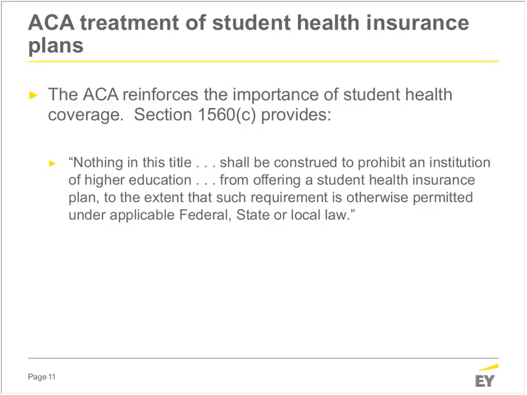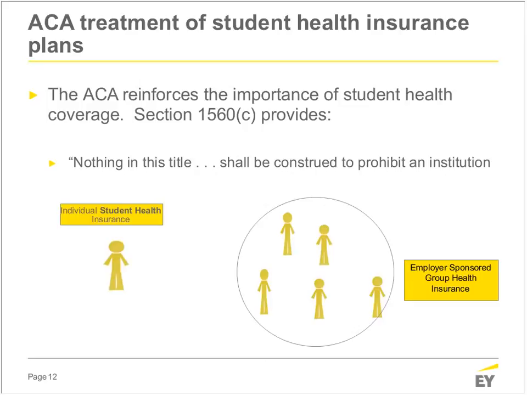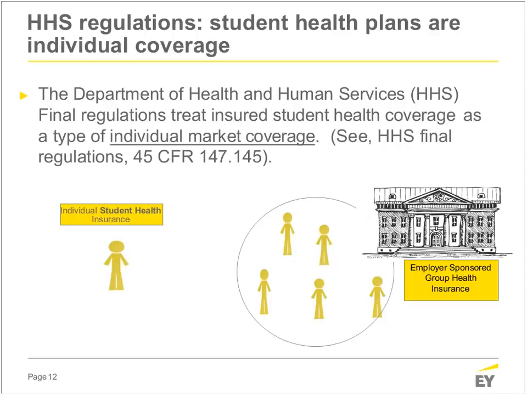So, it's a favorable provision for institutions that offer coverage to their students, but unfortunately, at least in the eyes of the regulators, it does not provide them with the authority to establish special treatment for those plans. We saw a little bit of this when HHS issued their final regulations around student health coverage.